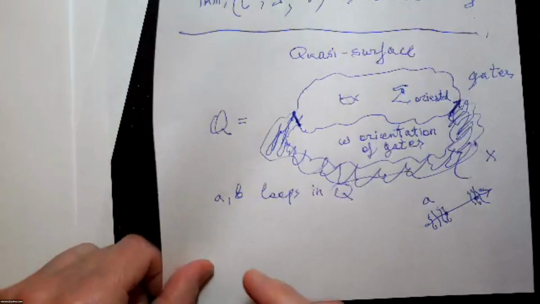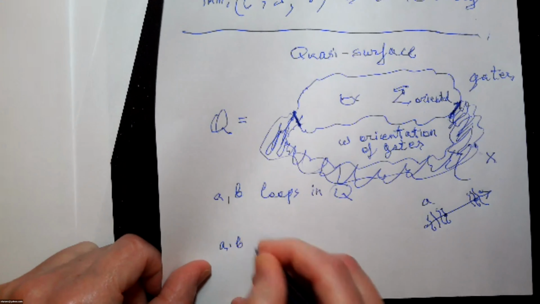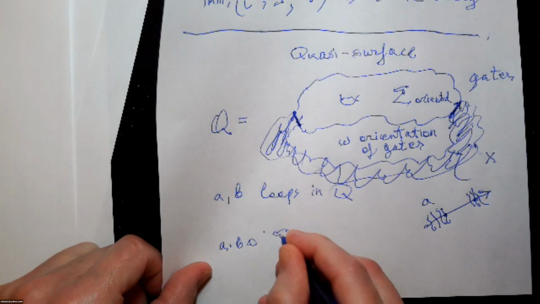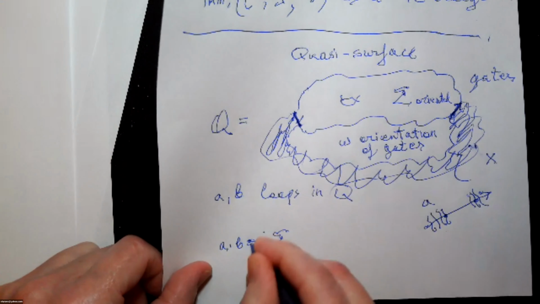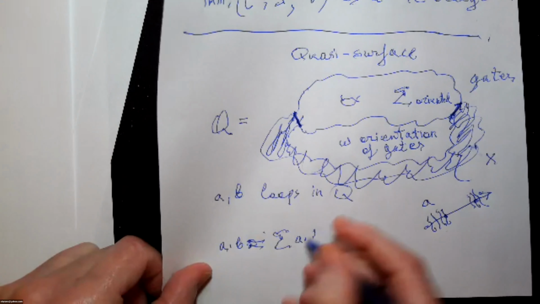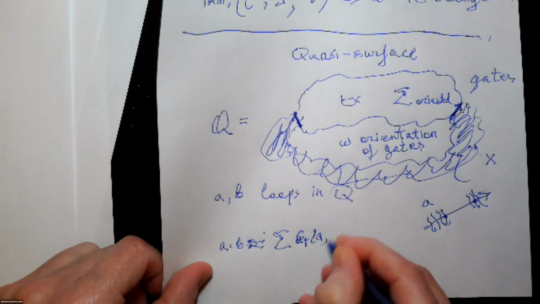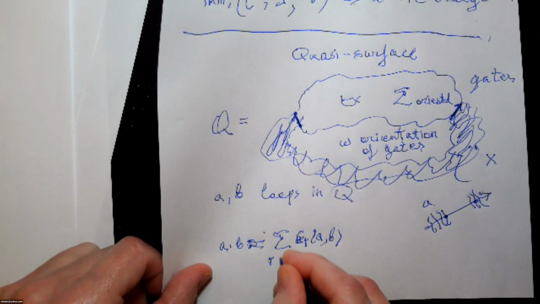So what we do, A dot B, first of all, by definition, is the sum of everything which happens inside the surface, A dot B. Well, the sign epsilon R of AB inside the surface.